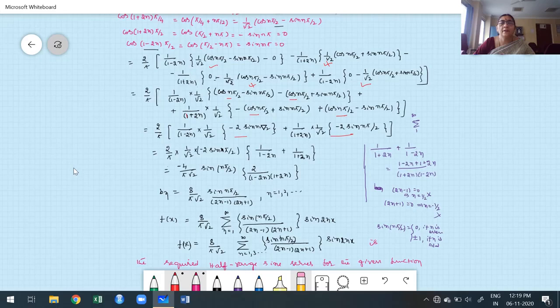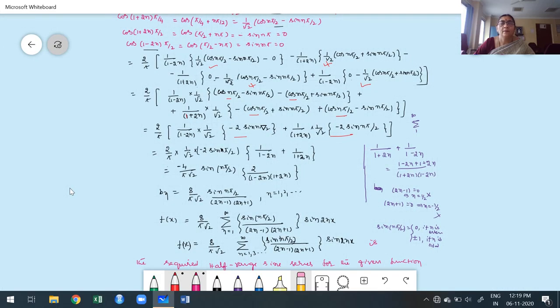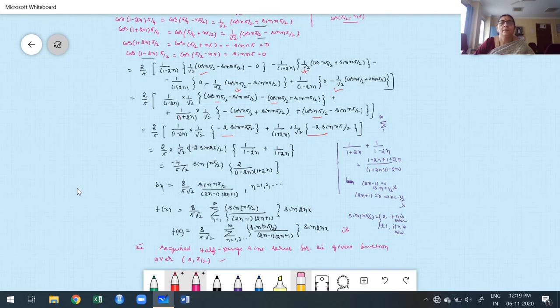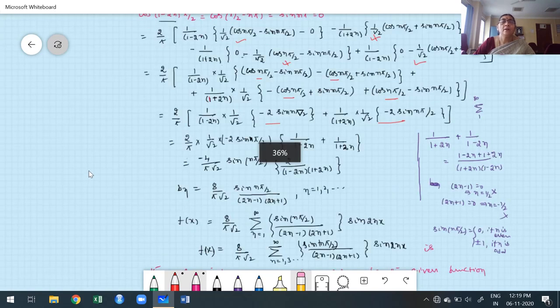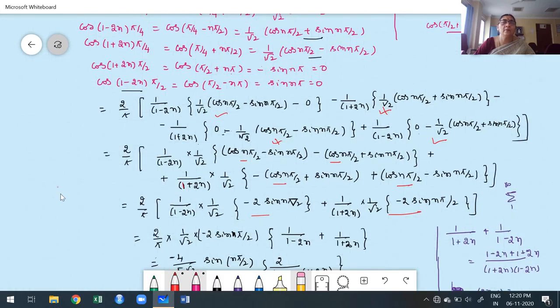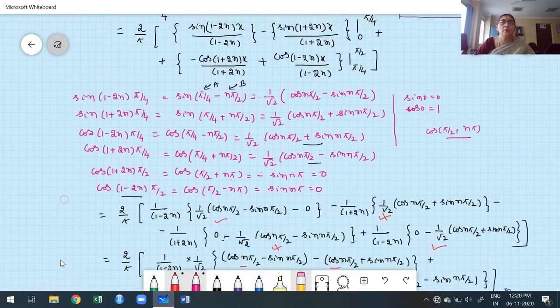Observe carefully. This is the way I solved it without confusion. Please try to understand what I did in this problem. Before I wind up, I'm going to brush up within a few seconds. I'm going to wind up today's class.